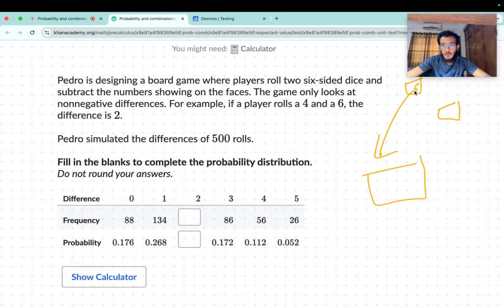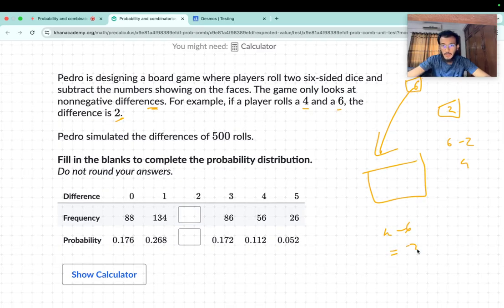Let's say if one is six, another one is two, six minus two, four. The game only looks at non-negative differences. For example, if a player rolls a 4 and 6, the difference is 2, not 4 minus 6, which is negative 2. This is not what we're looking for. We're looking for non-negative differences.